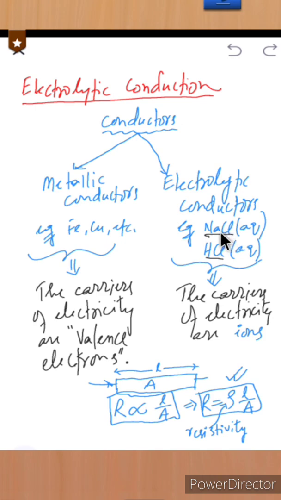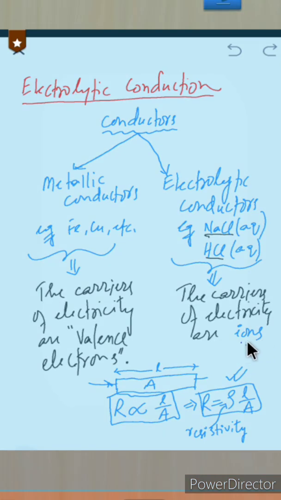Basically in electrolytic conductors the carriers of electricity are ions, and in case of metallic conductors the carriers of electricity are electrons.